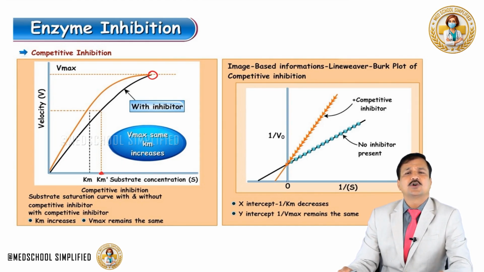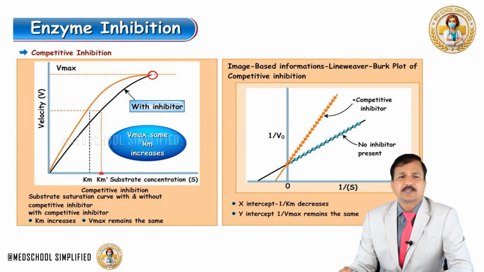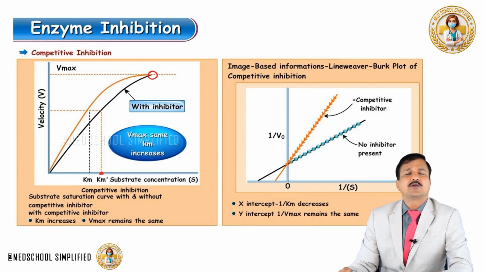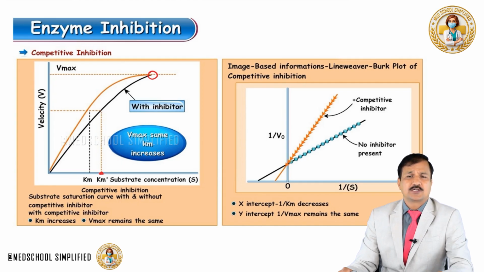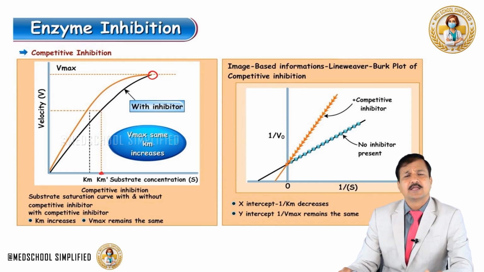In order to reach the same maximum velocity, we need to increase the substrate concentration so that we dilute the effect of the competitive inhibitor, so that the natural substrate gets more chance to bind with the enzyme active site, thereby reaching the maximum velocity.